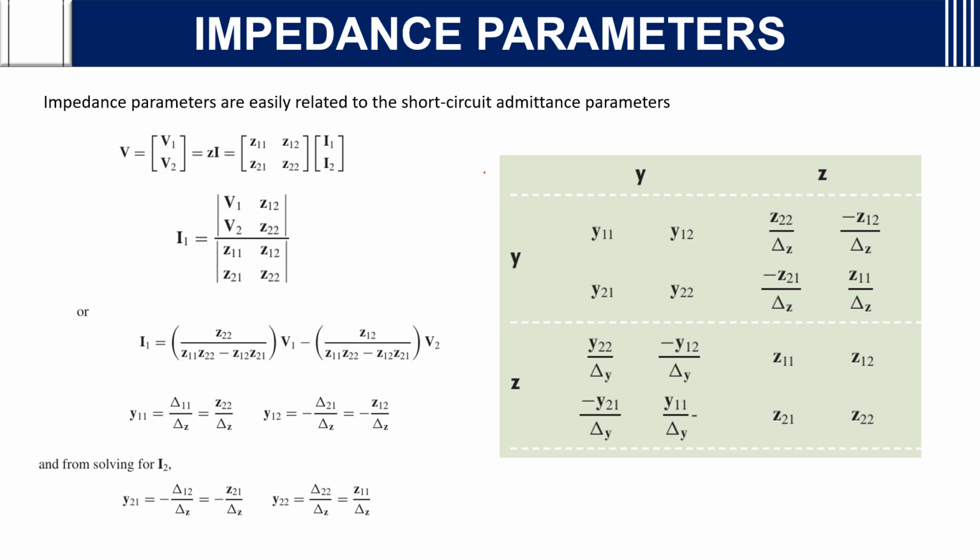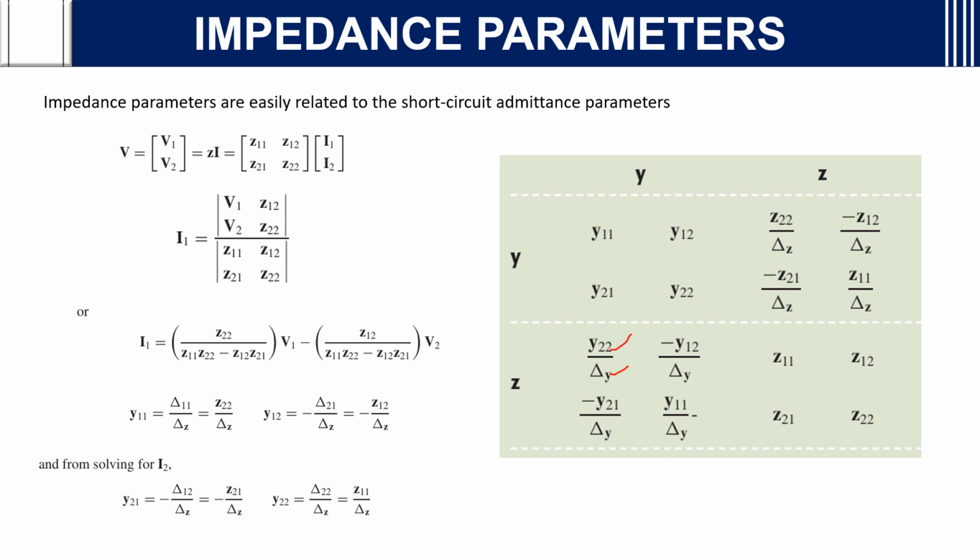This is a small simple table for the conversion. Y in Y parameters is Y11, Y12, Y21, Y22. Y in Z parameters, if you want, what is the formula? Z22 by delta Z, minus Z12 by delta Z, minus Z21 by delta Z, Z11 by delta Z. In the same way, this is Y to Z. If you want Z to Y, you know the Z parameter, that is impedance parameters, then if you want Y parameters, what we need to do? Same.